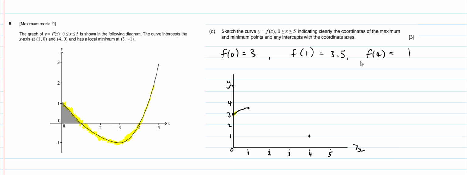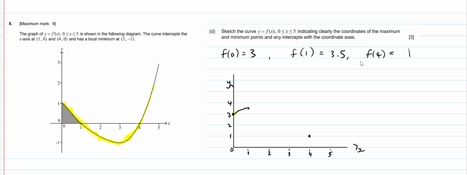So basically from x equals 1, we can see we have a positive going to negative gradient. So we're going to have a local max at x equals 1, and then at x equals 4, our gradient is going from negative to positive. So we're going to have a local minimum at x equals 4, and the gradient at x equals 4 is obviously 0.